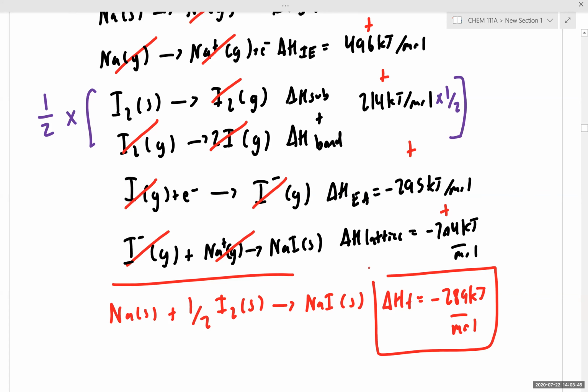So if we actually look in the literature for sodium iodide, the enthalpy of formation, we get a literature enthalpy of formation of about negative 288 kilojoules per mole. So this Born-Haber cycle, or Hess's law method of calculating the enthalpy of formation for sodium iodide, is quite accurate.